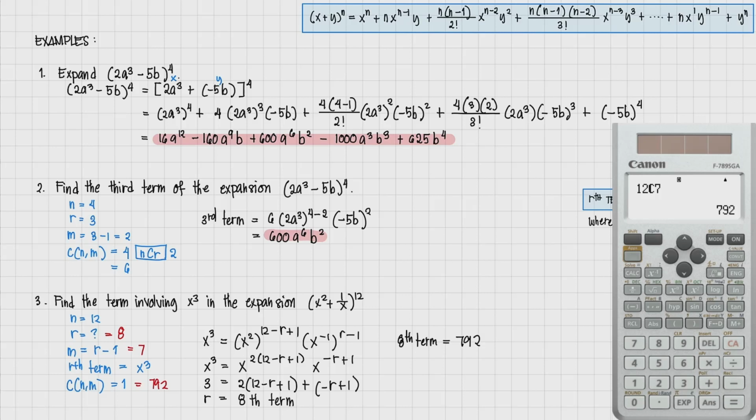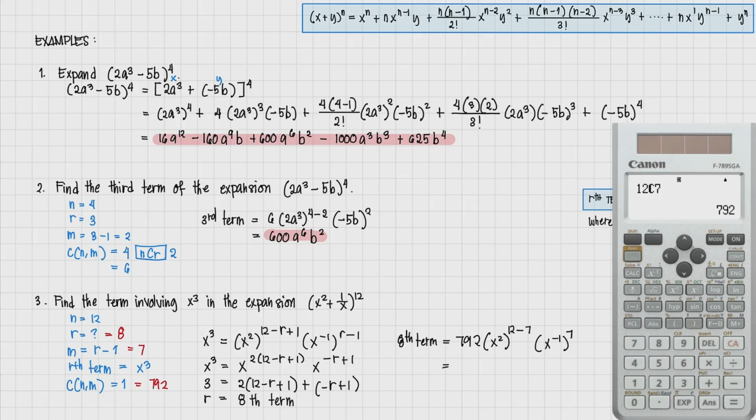792 times x, which is x squared, raised to n, 12 minus m, 7, times y, which is x raised to negative 1, raised to 7.